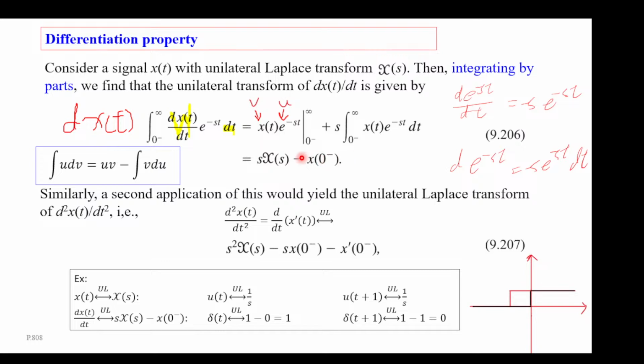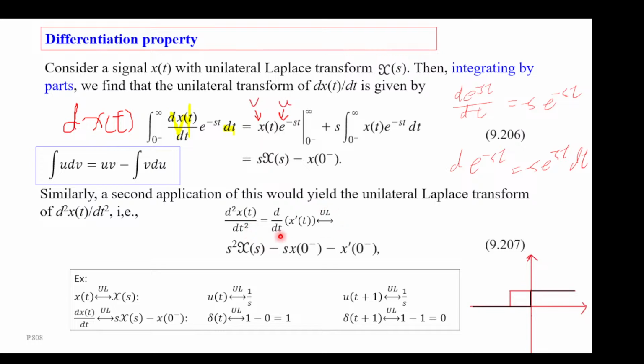Okay, so in this derivation, you have this integration by parts, and you see that you get an extra term here. And then you can even apply this formula recursively to get the unilateral Laplace transform of d squared x over dt squared.